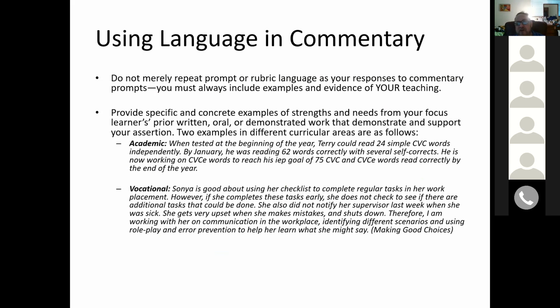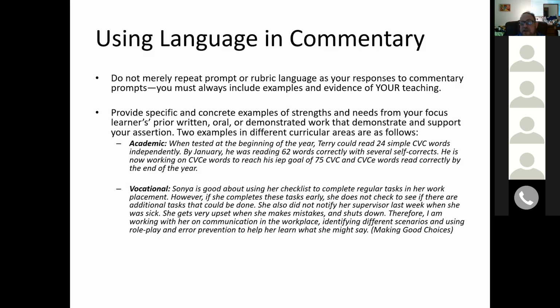Provide specific and concrete examples of strengths and needs from your focus learners' prior written, oral, or demonstrated work that demonstrate and support your assertion. 2 examples in different curricular areas are as follows. Well, we're doing academic. We don't do vocational.